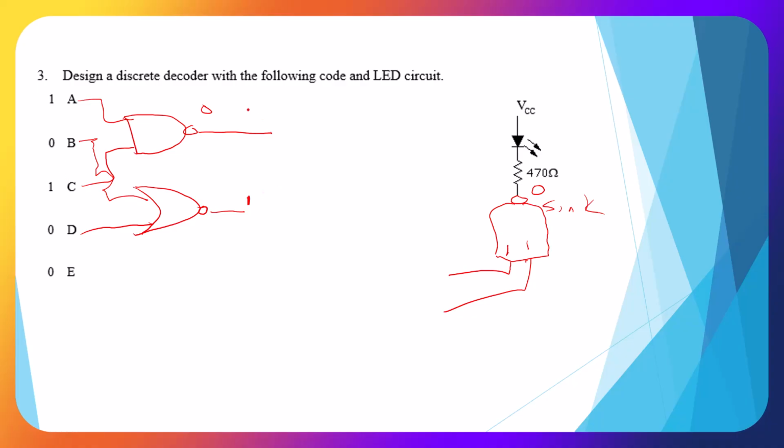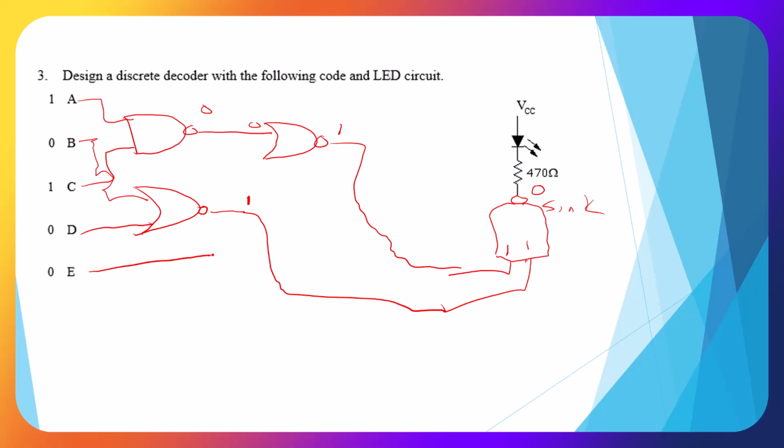And this is 0, 0. So what do we have? A 0 and we want a 1. So let's go ahead and use another NOR gate. And like I say, there's several different ways to do this, but this was one of the ways that'll work.